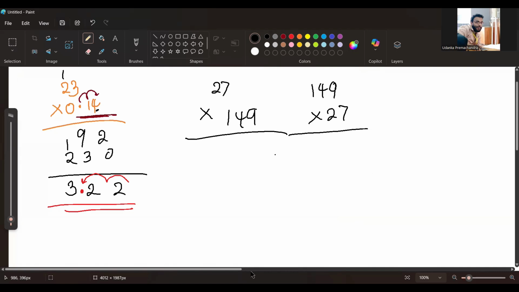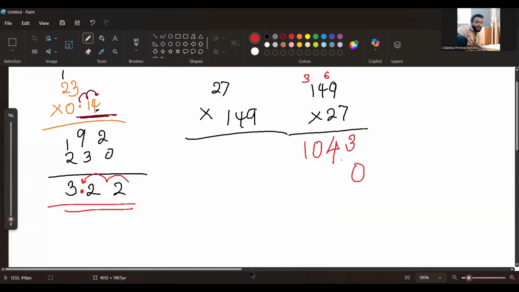Just multiply them. 7 into 9, 63. 7 into 4, slowly do it. 28, 34. 7 into 1, 7, 10.